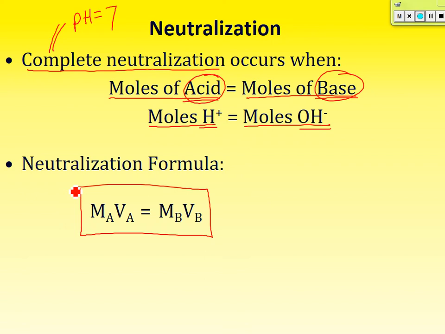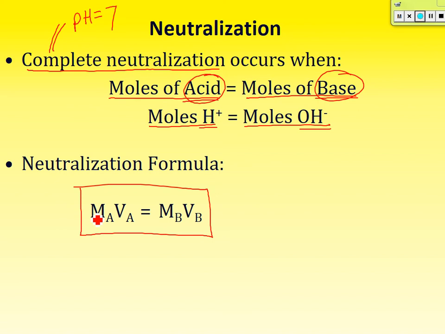Okay, so we've got MAVA is equal to MBVB. Now let's talk about what these variables represent. What is capital M in chemistry? Molarity. So the molarity of the A represents what? The acid.